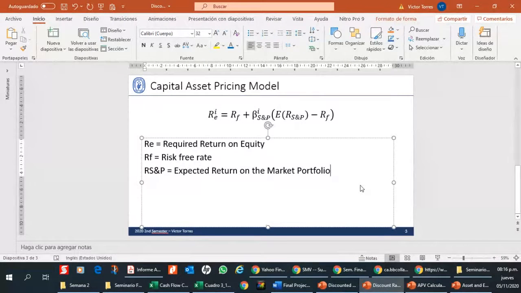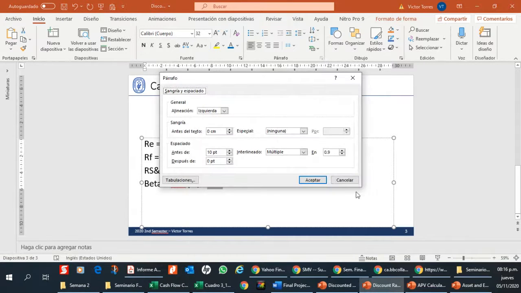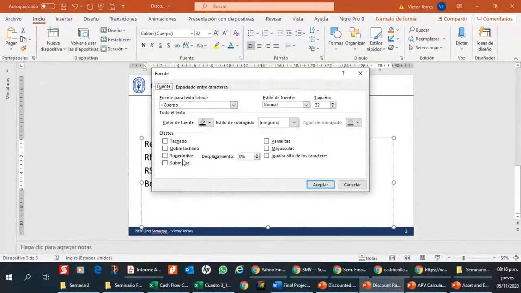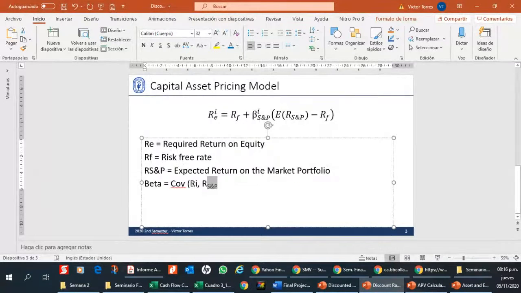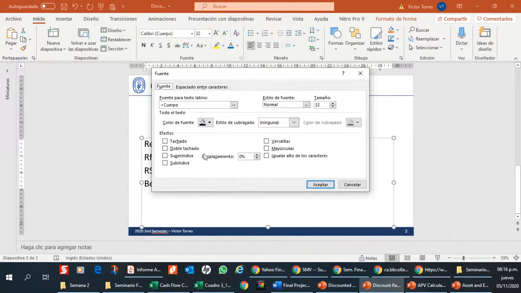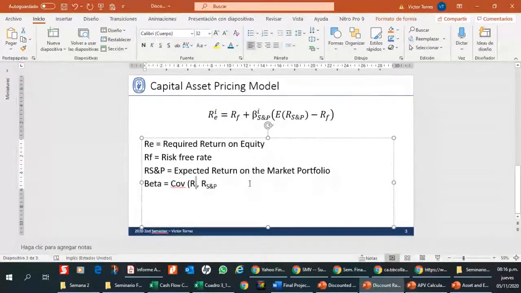So our friend here, beta, is going to be the covariance of the return on i, right, against the S&P 500, right? Let me just try putting this down. Now it appears it's working. That's awesome. So this is subindex, obviously, right? This is going to be subindex 2. And here we close that.